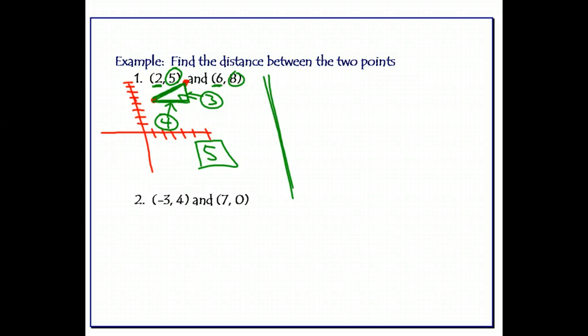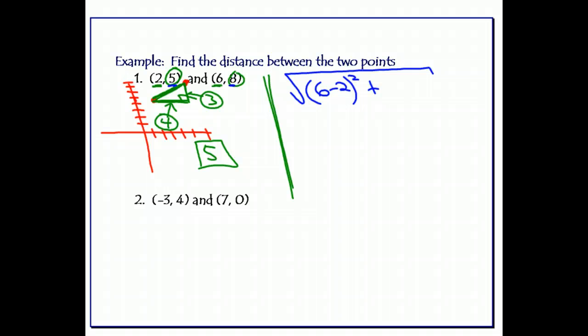You might be on the other end of it and say, no, I don't like that logical part, I want to use the formula. You can. You're going to be doing the identical steps with that formula, but let's try it. It's x2 minus x1 squared, so it's 6 minus 2 in parentheses squared. Then it's y2 minus y1.